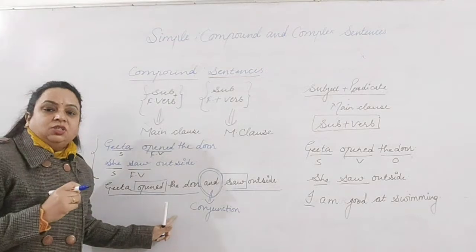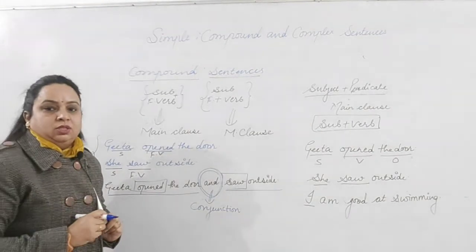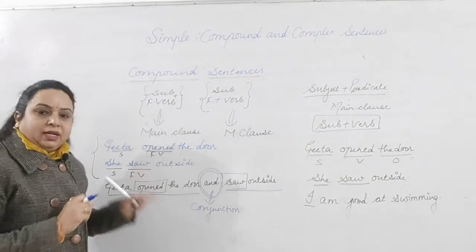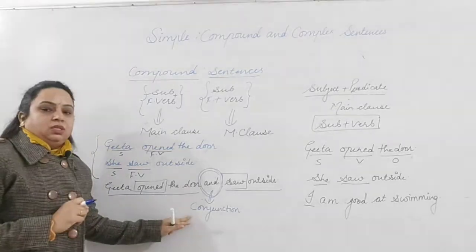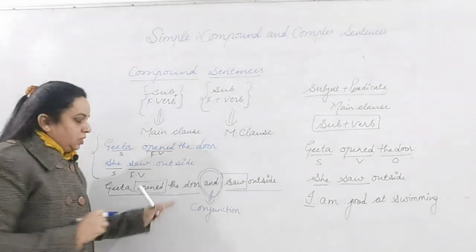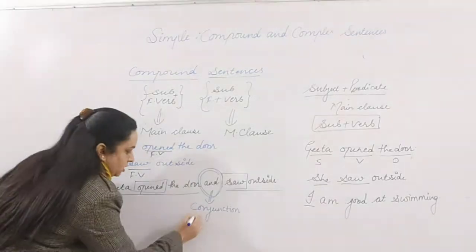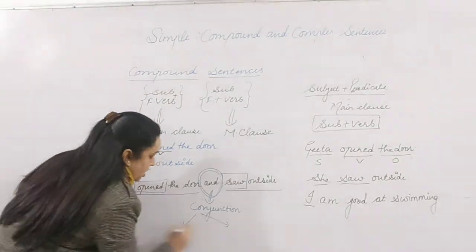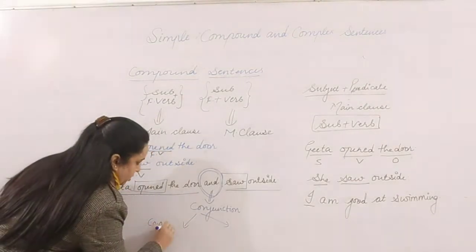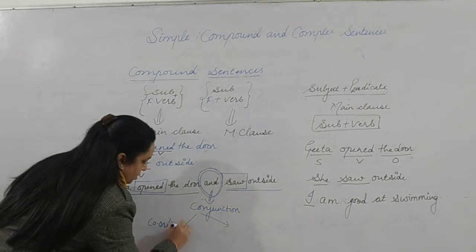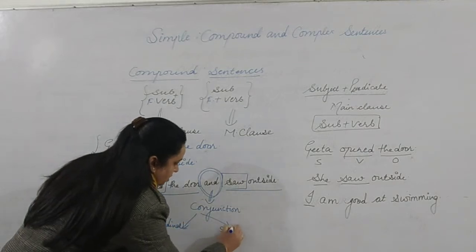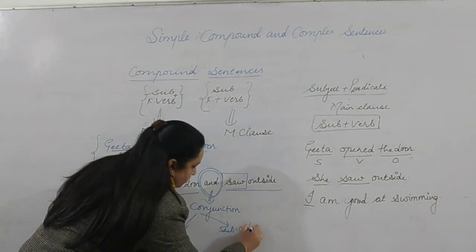Now conjunctions are of two kinds. Number one is coordinate conjunction and the second one is subordinate conjunction. Clear? So conjunctions are of two kinds: one is coordinate and the second is subordinate.